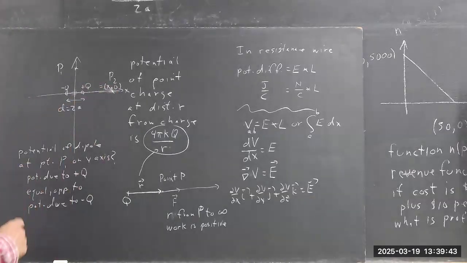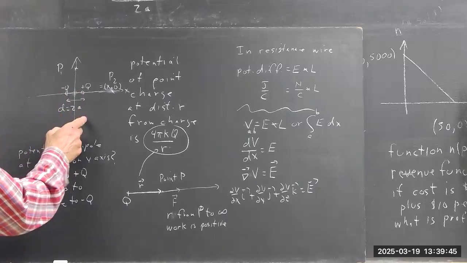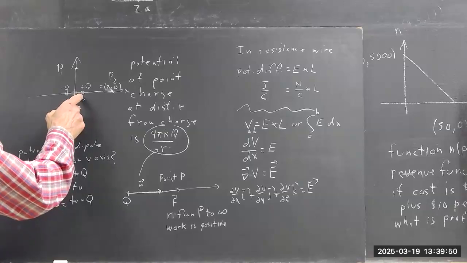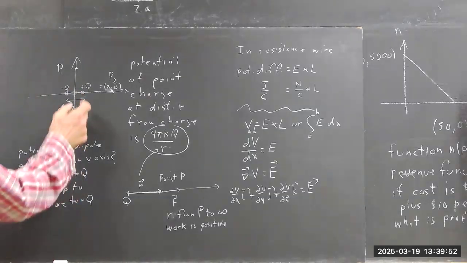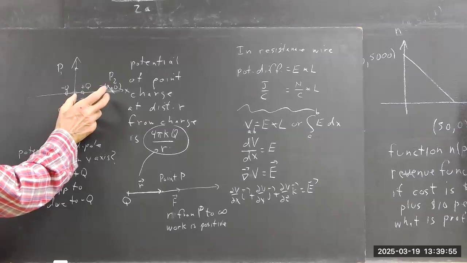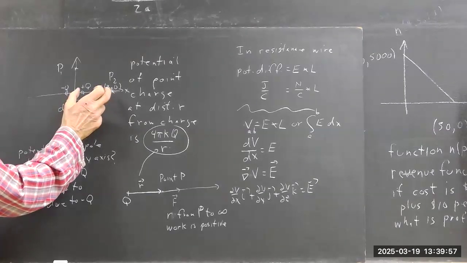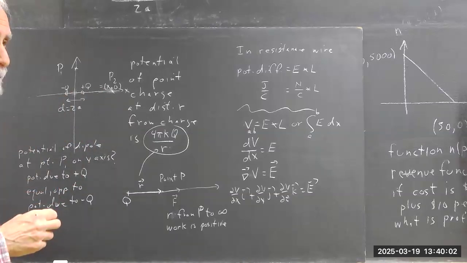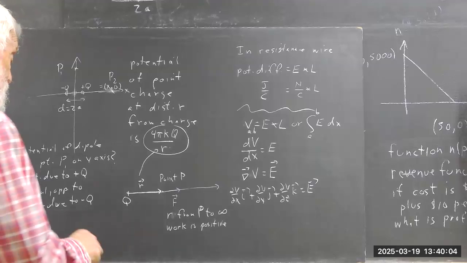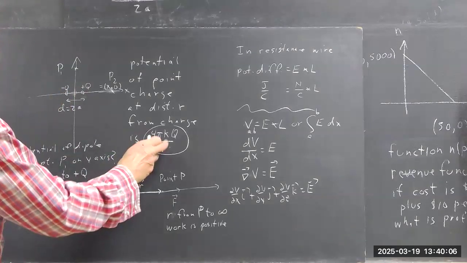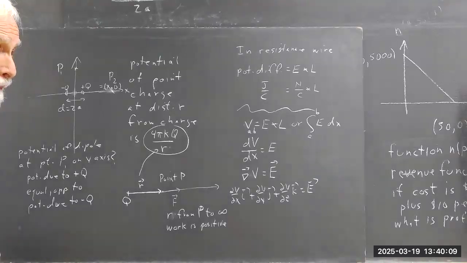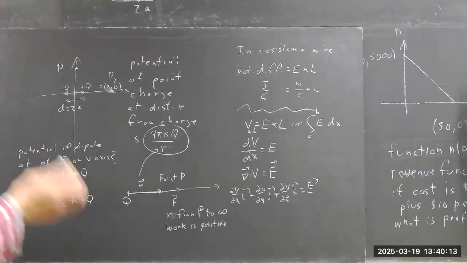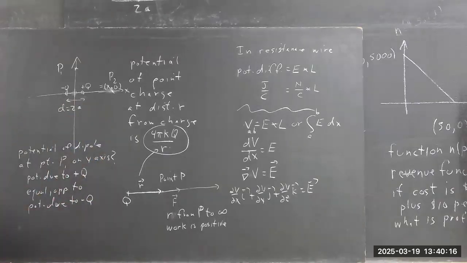This position is, implicitly from everything that's been written down, a over 2, or a, 0, right? So this thing is a units along the x-axis, and this point is at x units. So how far is this? X minus a, is that what you said? Yeah. Okay, so if the distance is x minus a, that's what we're going to put here for r. And what's the distance from minus q to there? It's x plus a, isn't it?